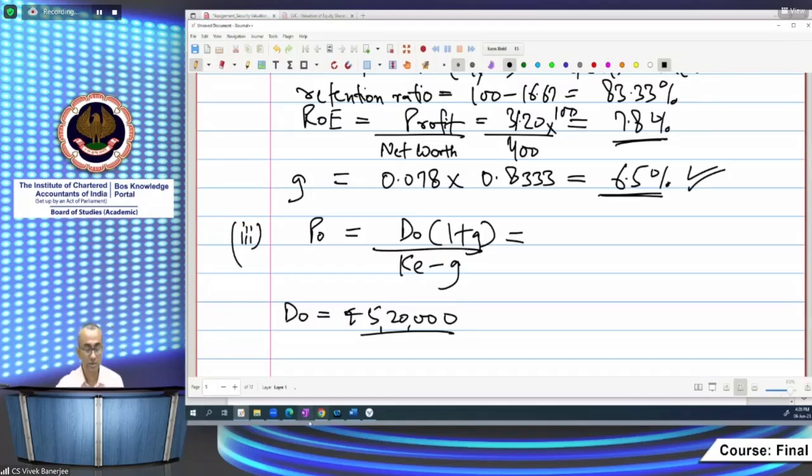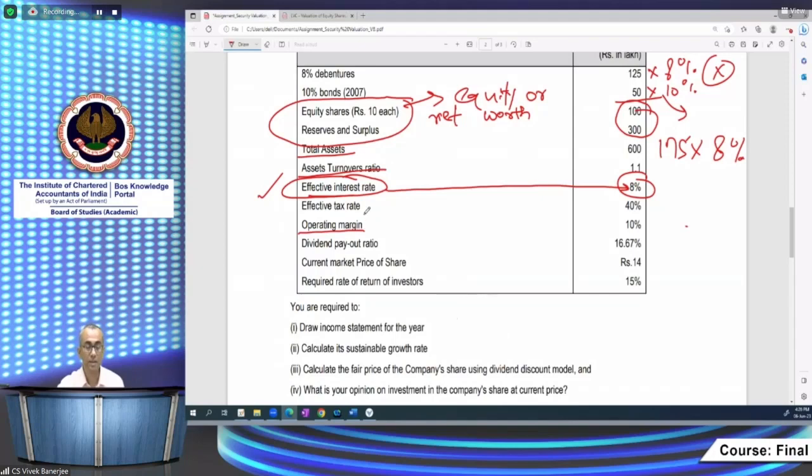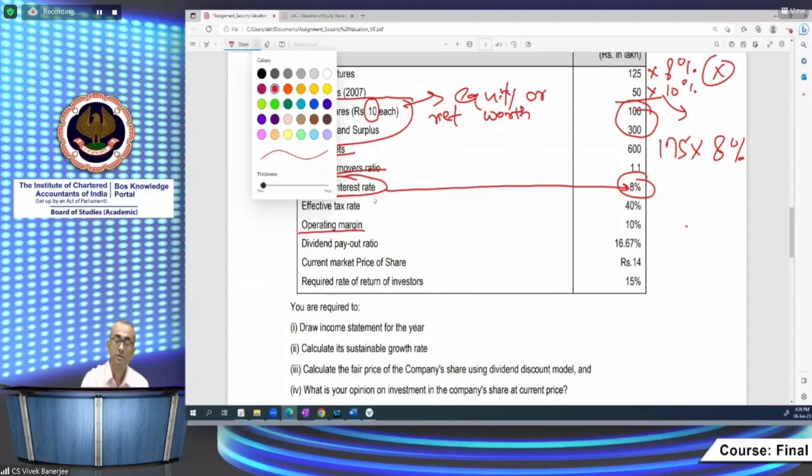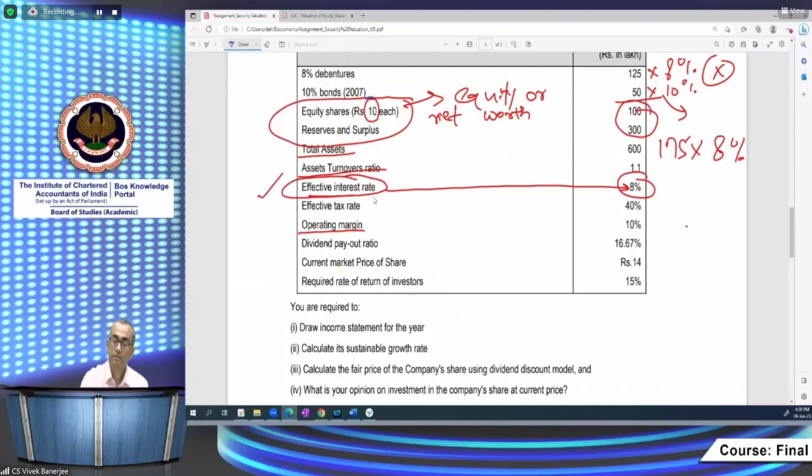Let us get back to the assignment again. See, equity shares 10 and the number of shares is actually 100. See, this portion is 10 and this is 100. So this is 100 lakh. So 100 lakh upon 10, it will be 10 lakh.